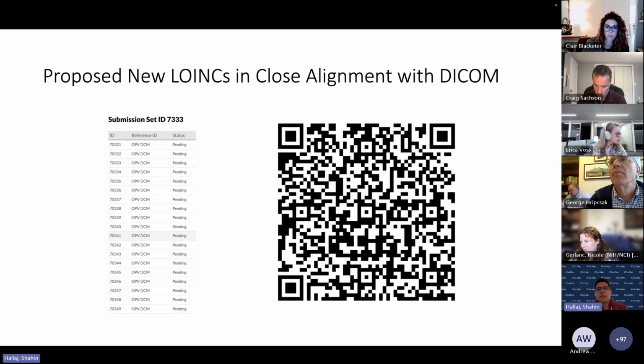And we created a list of codes in collaboration in our work group, and we proposed them to LOINC. Those codes closely align with DICOM tags and DICOM data elements, so they can basically be mapped to each other and be used interchangeably. And those codes are still pending approval by LOINC.